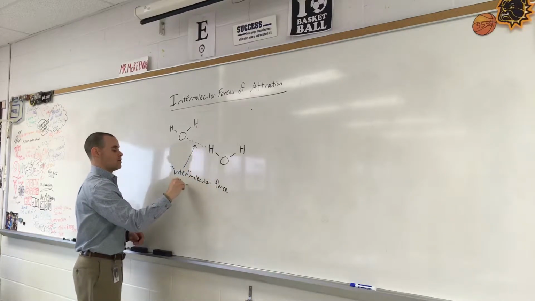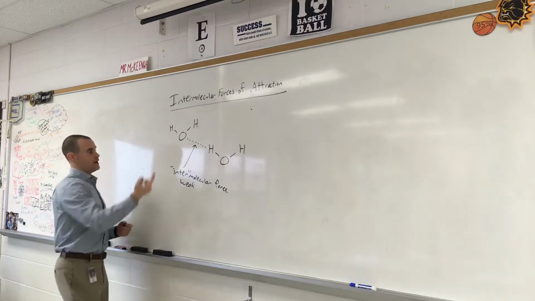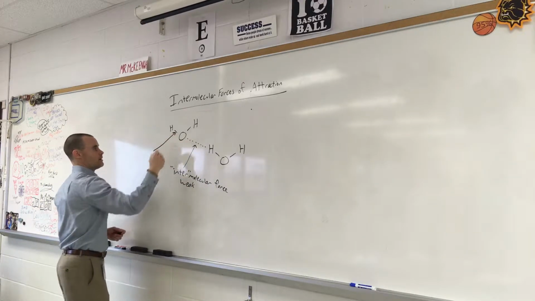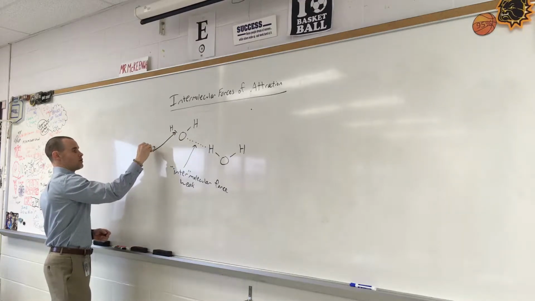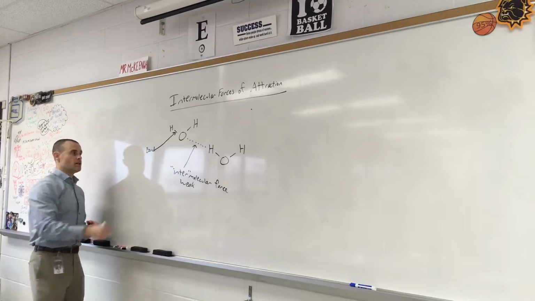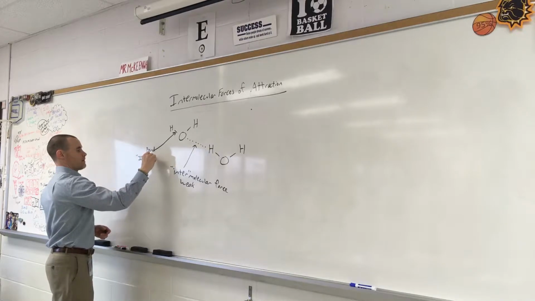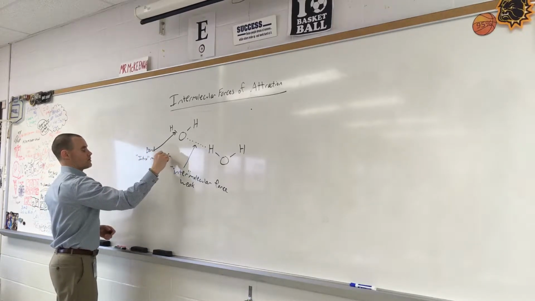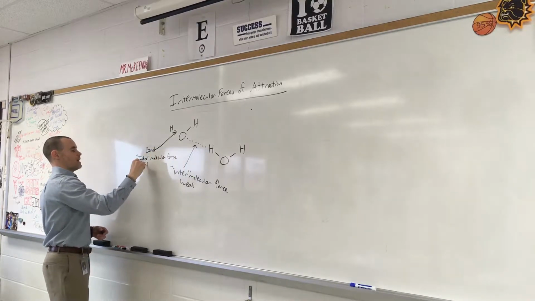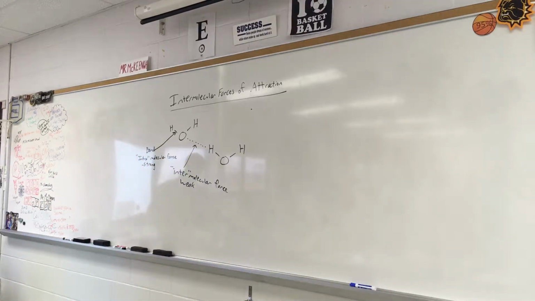And that is weak compared to this bond right here. That is a chemical bond, a polar bond, which we've already learned, and water is polar. That's called an intramolecular force.